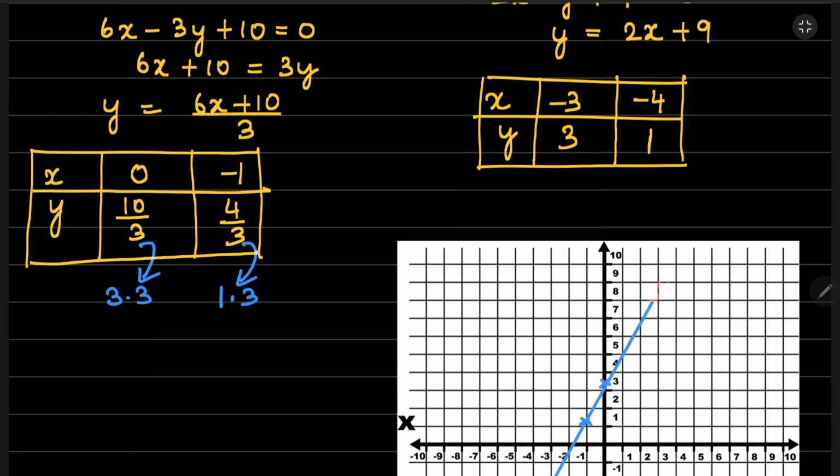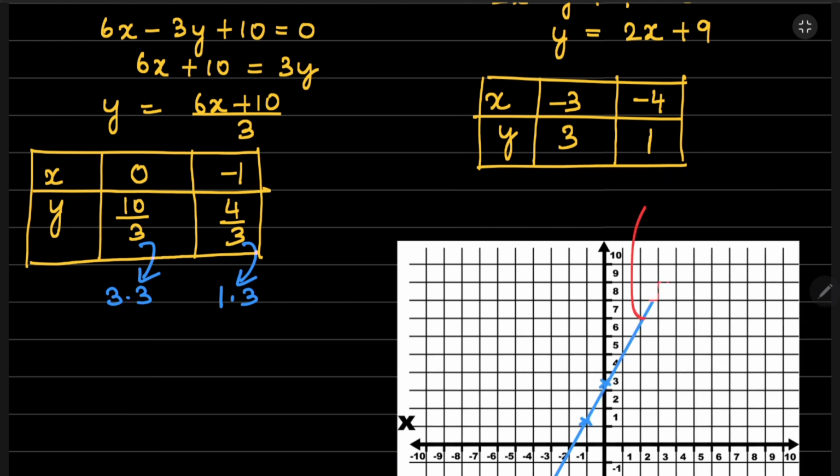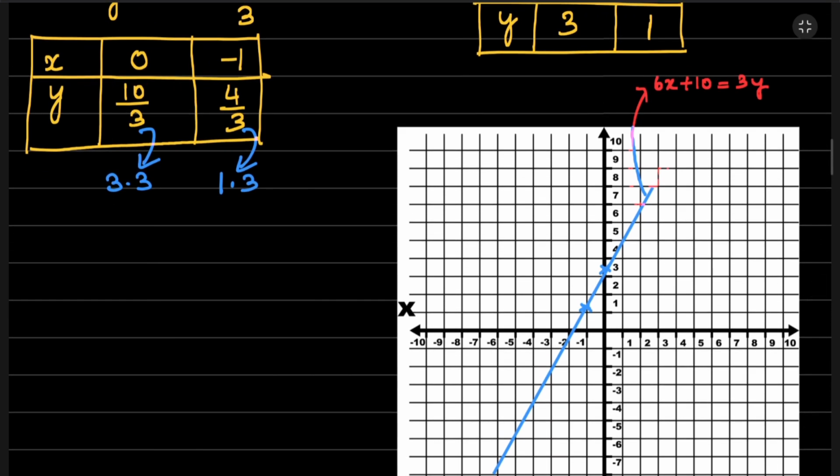This first line is 6x plus 10 equal to 3y. I hope you should be able to write this. For the next one, minus 3 comma 3. Let's mark the points. Where is minus 3 comma 3? It's here, this one.